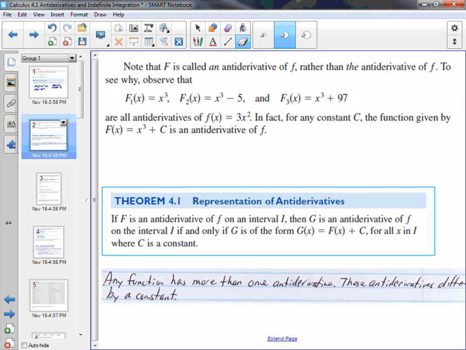All right, note that capital F is called an antiderivative of f rather than the antiderivative of f because of what we just talked about. So capital F could be x cubed, it could be x cubed minus 5, it could be x cubed plus 97. So we just write it as x cubed plus c, where c is some constant. We don't know what that constant is, do we? We have no way of knowing what that constant is.